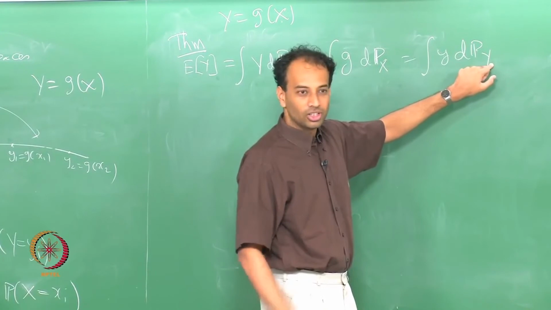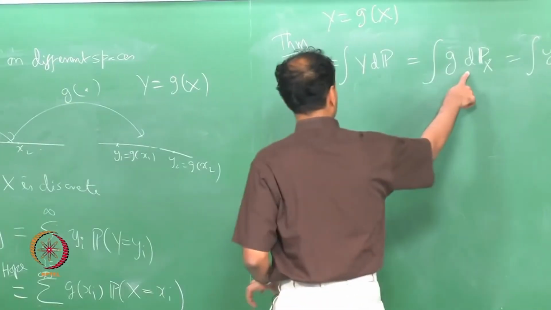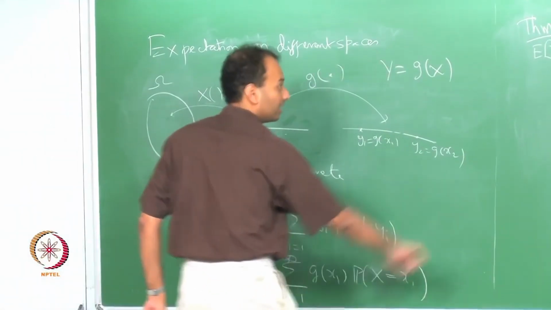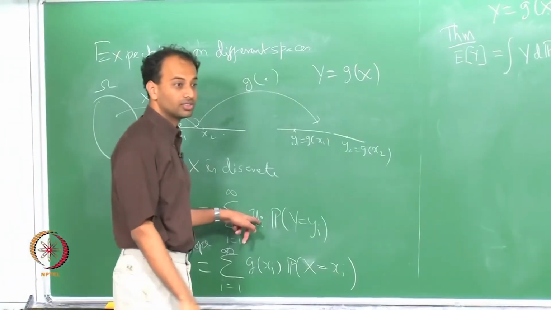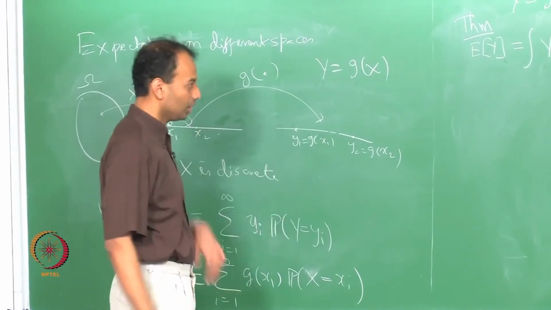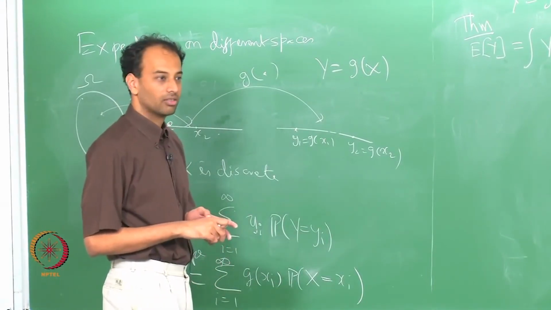In more elementary terms, this guy is equal to this, and this guy is equal to that, and they are both equal to the expectation of y. That is what the theorem is saying.